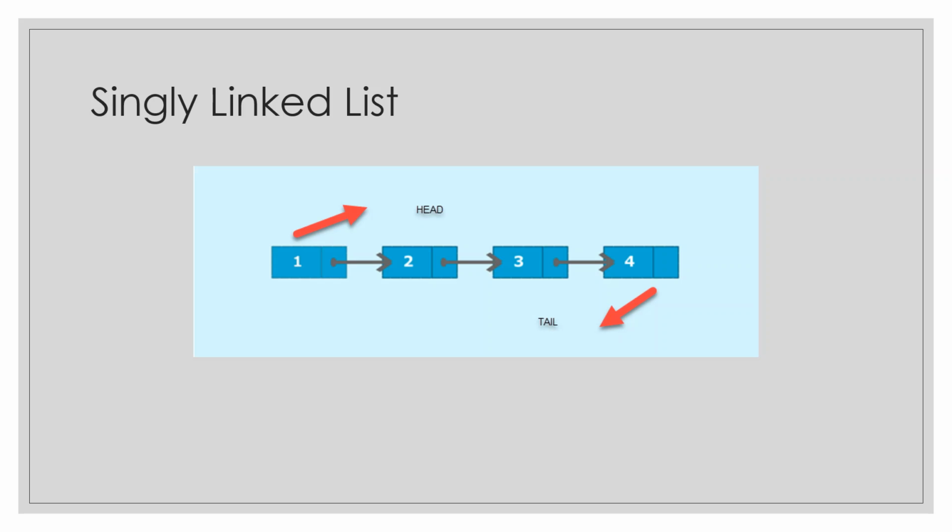Each node is connected in such a way that node 1 is pointing to node 2, which is in turn pointing to node 3. And node 3 is again pointing to node 4, and node 4 is pointing to an undefined structure. Okay, so we will do the algorithm now by programming.